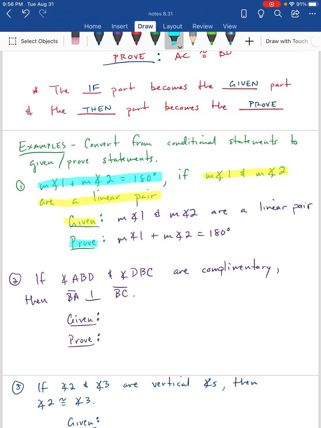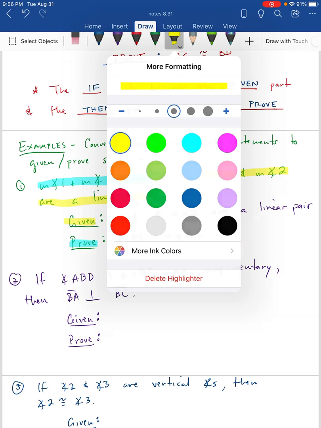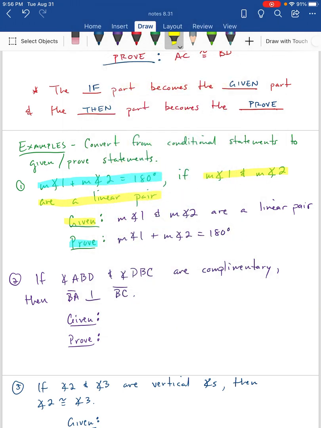Next example, I have if angle ABD and angle DBC are complementary, then segment BA is perpendicular to BC. Okay, so my given information is what's after the if part, which would be this first part before the comma. So all I'm going to do is rewrite it.